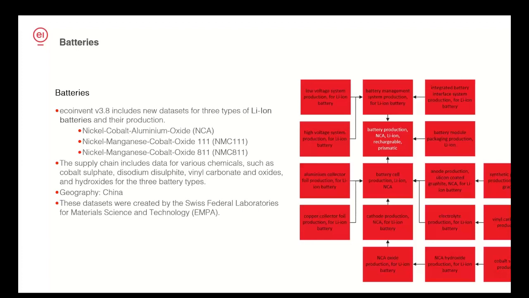And I would like to point out that if you are interested in using these datasets, you should be aware of a known issue. We have identified the different chemicals that are needed for the manufacturing and the final assembly of the battery. There is a problem in the connection of the chemicals, and not all chemicals are properly connected to the proper value chain, and that can create a small distortion in results.